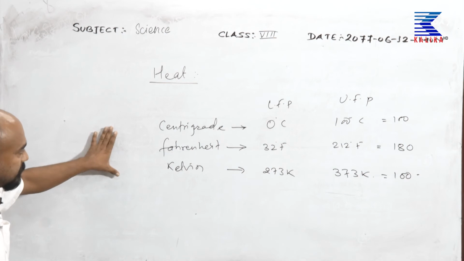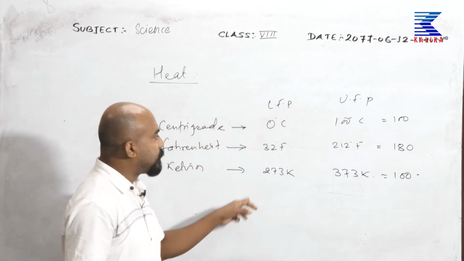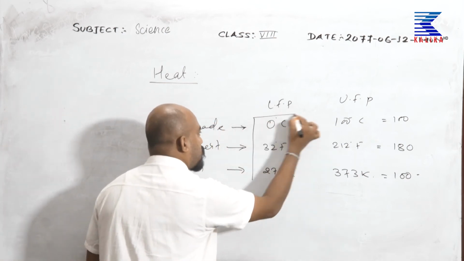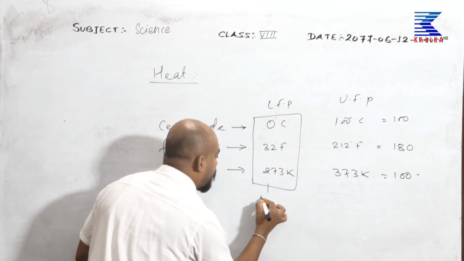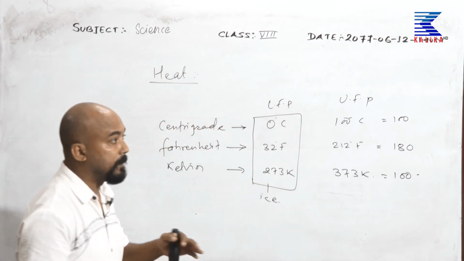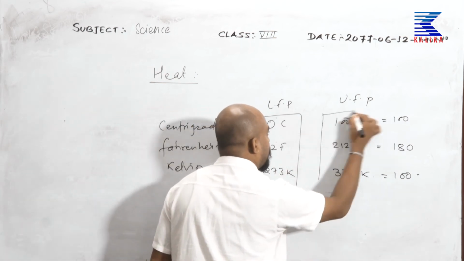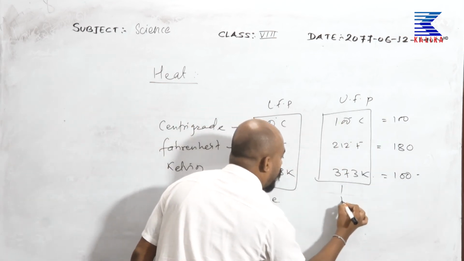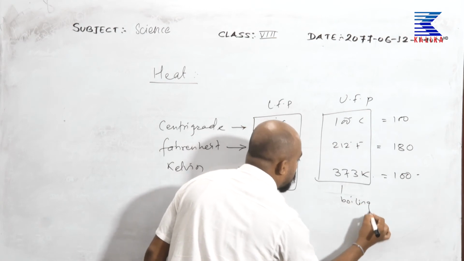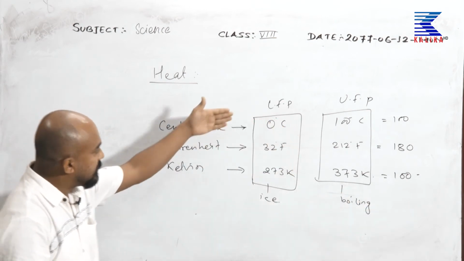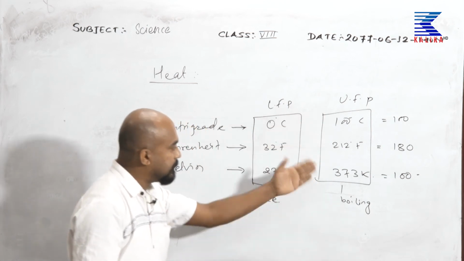Here you see that the lower fixed point is the freezing of ice, or we may say melting of ice, and the upper fixed point is boiling of water, vaporization of water. Means these two temperatures are similar.